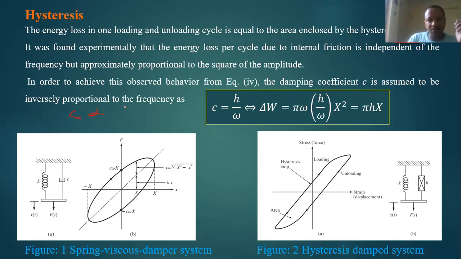This implies the proportionality constant is the hysteretic damping constant H. So let's substitute C equal to H over omega in the delta W equation. Then finally we get pi H X squared, the amount of energy dissipated in every cycle of a hysteretically damped structure.